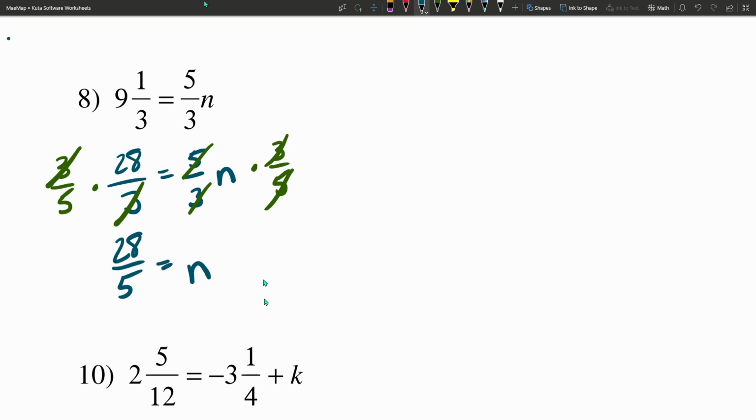However, this worksheet, when we're writing the answer, wants it as a mixed number, so how many times does 5 go into 28 evenly? That's 5 times. 5 times 5 is 25, and 28 minus 25 is going to leave me with 3. So that's going to be 5 3/5.